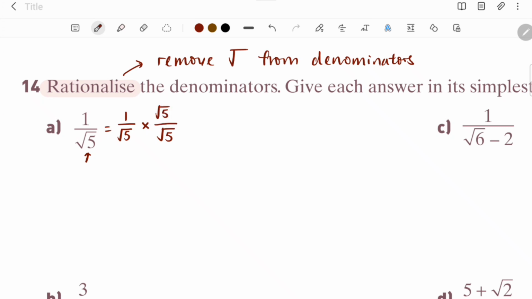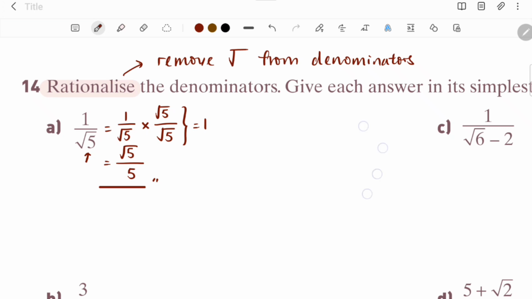Why should we multiply like that? You can't straight away multiply 1 over surd 5 to remove this one, because this whole thing should be equal to 1. So if down here is surd 5, up here also surd 5. So 1 times surd 5, you get surd 5, and then over surd 5 times surd 5, you get 5. This one will be your final answer.